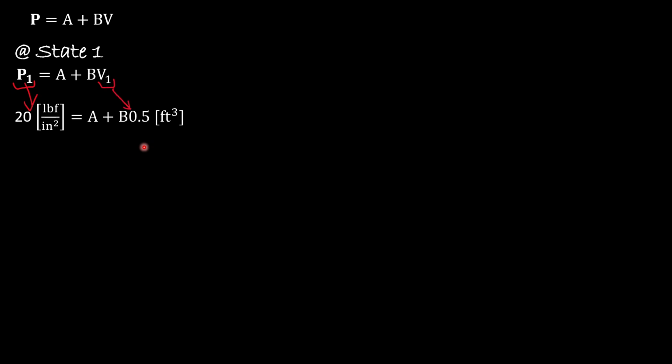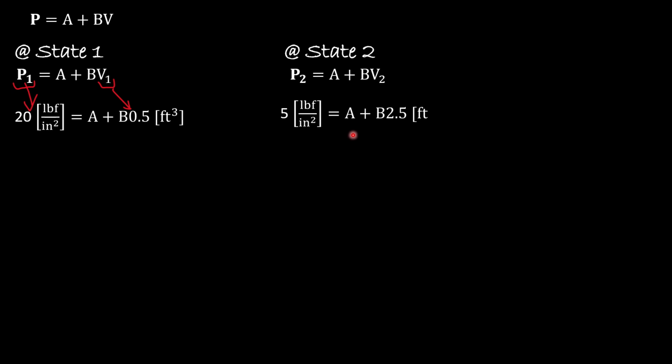So we replace the given pressure and given volume. Now at state 2, we have pressure 2 equal A plus B times V sub 2. The pressure 2 is 5 and V sub 2 is 2.5.